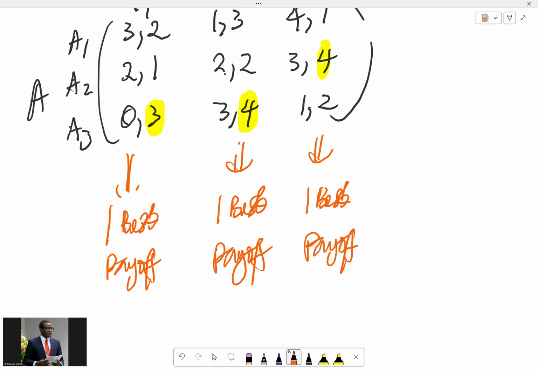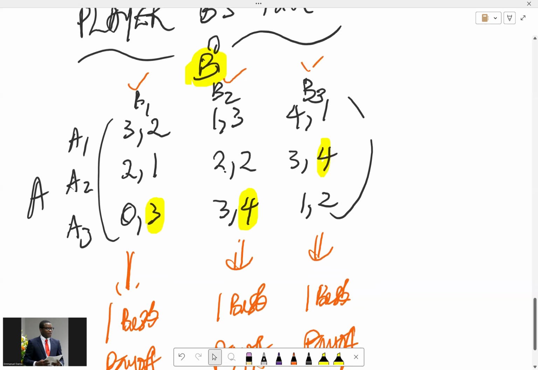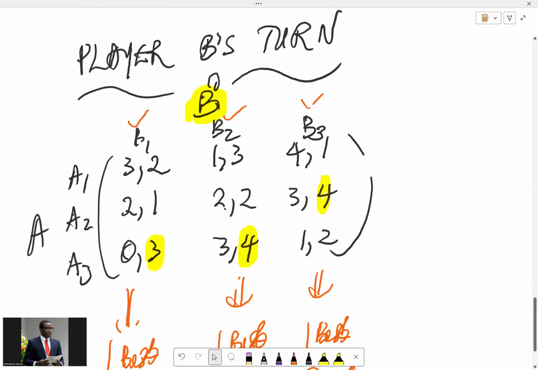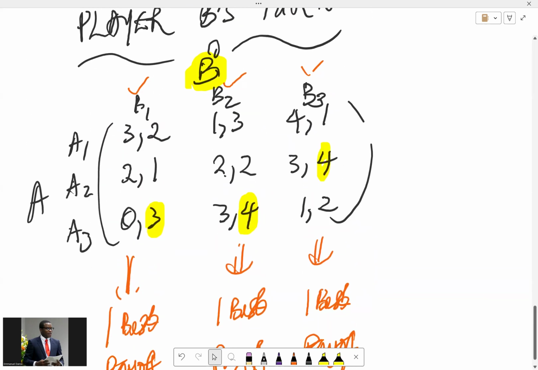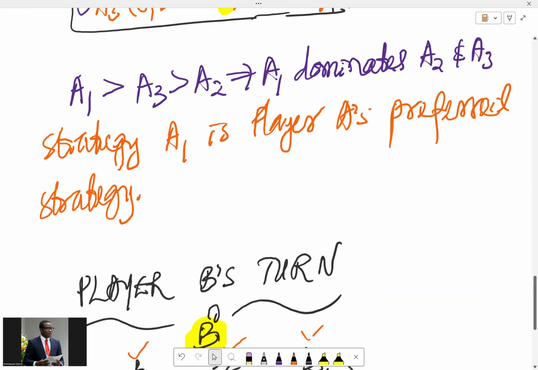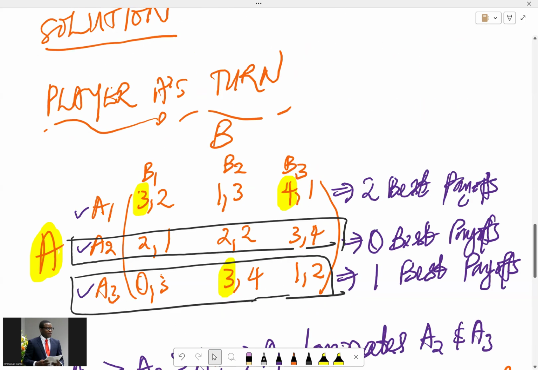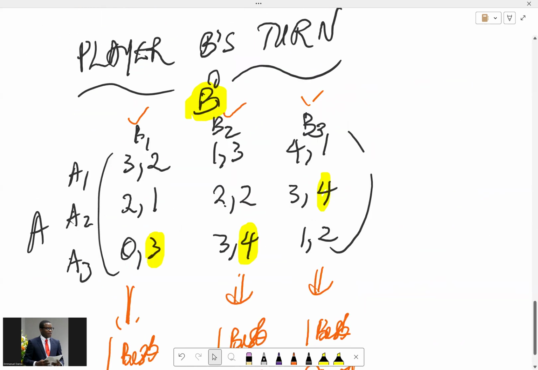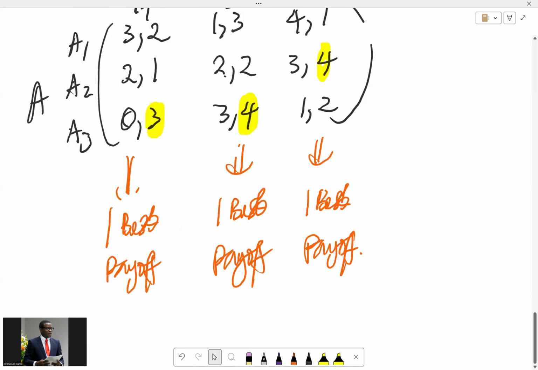So there's a kind of tie. We can't decide which is the best strategy just by looking at this, because every strategy, B1, B2, B3, has one best payoff. We could compare values, but that would be too clumsy. What we did globally for A got us the best strategy without any extra mile. But since it's not happening globally, we have to go down.